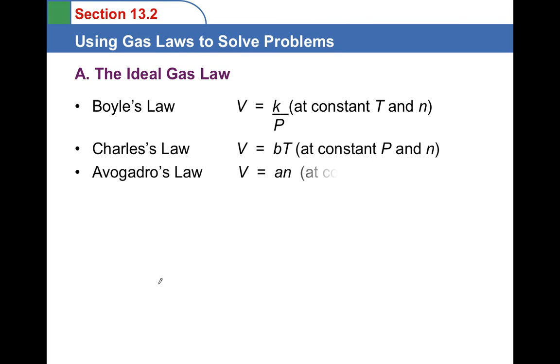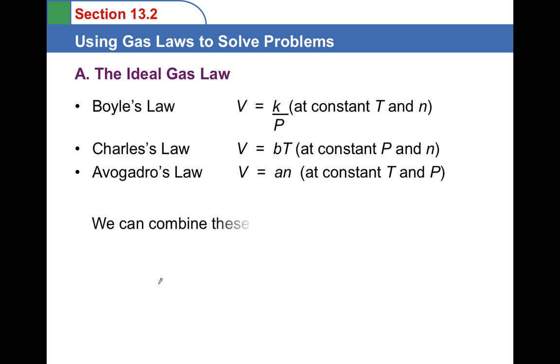Alright, so if we take the 3 main laws, Boyle's law, Charles' law, and Avogadro's law, and we set them all equal to volume, you'll see that it's a constant, okay, which is the K, the B, and the A, and related to pressure, temperature, and the number of moles.